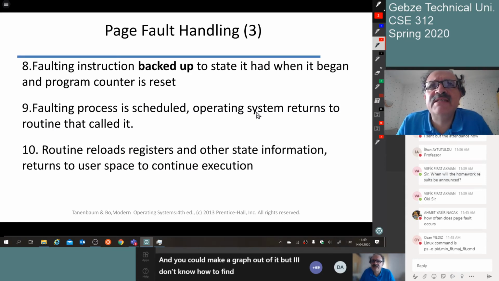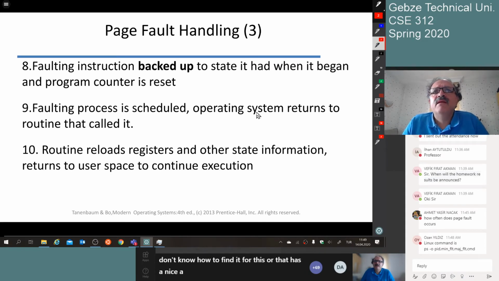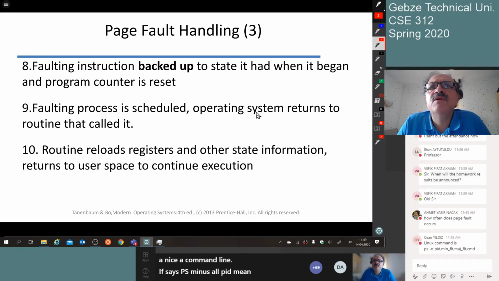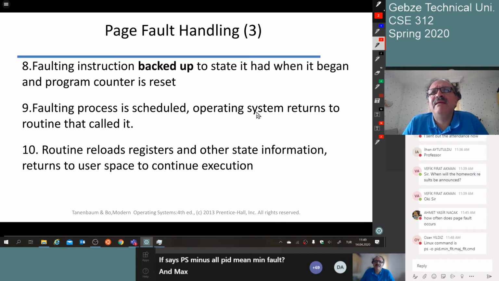For this, Ozan has a nice command line. It says ps -o pid, min fault and max fault, cmd. Okay, min. Ozan, are those command names?